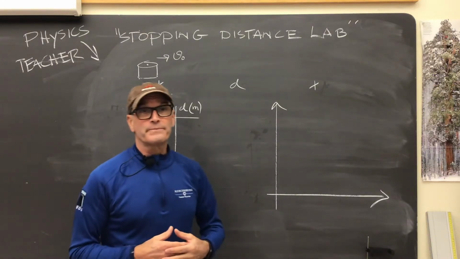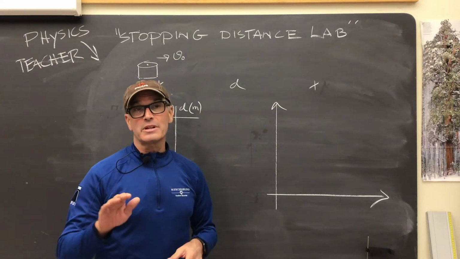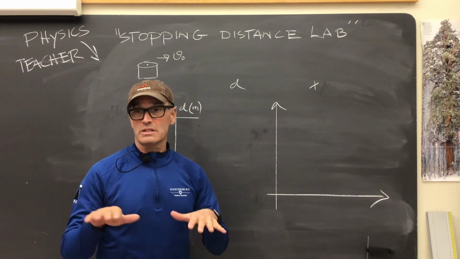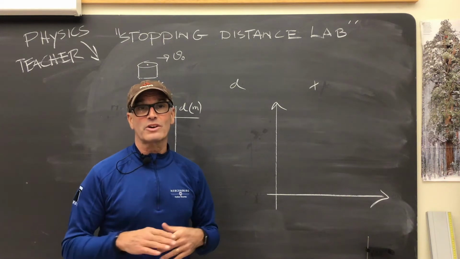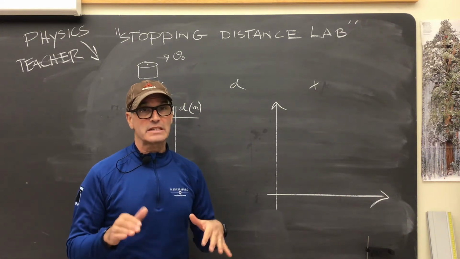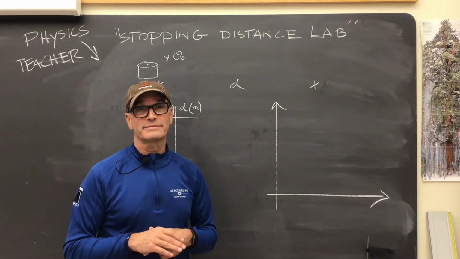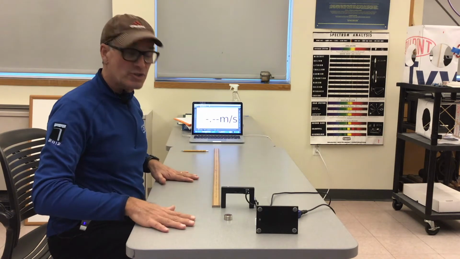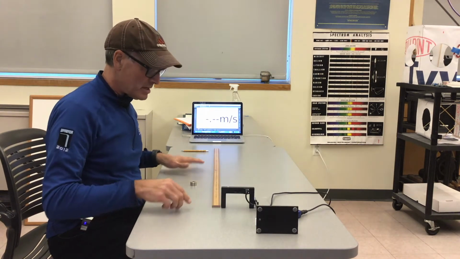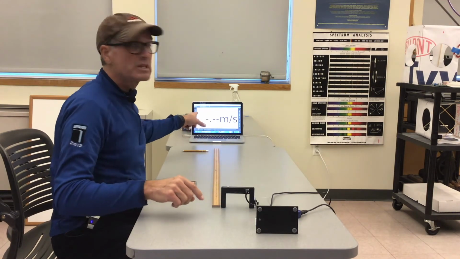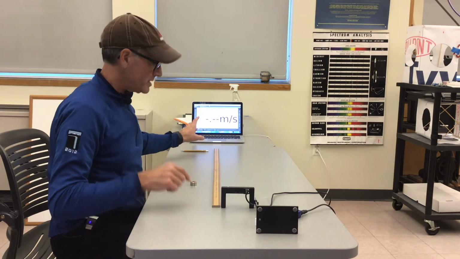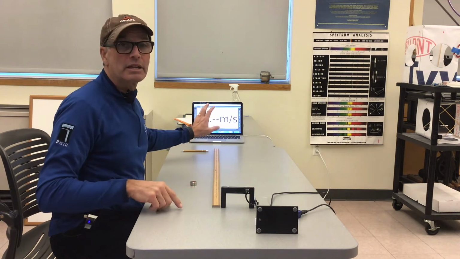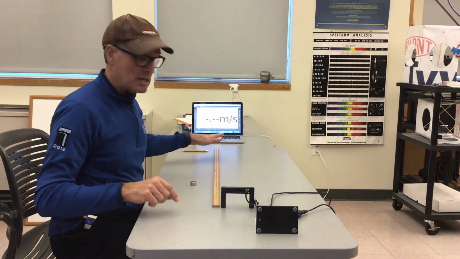So I'll stop there, and I'm going to now move over to the table from which we're going to start collecting our initial speeds and the distance traveled. Here's the surface that we're going to slide the mass along. We have a photogate that's going to measure the initial speed of the cylindrical mass. The units are meters per second.